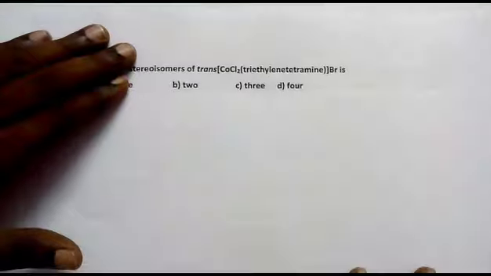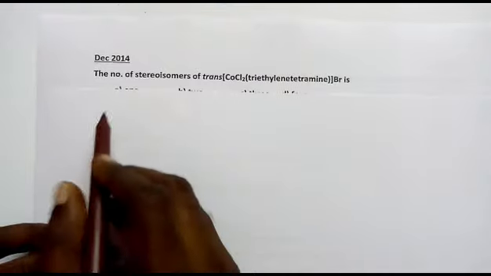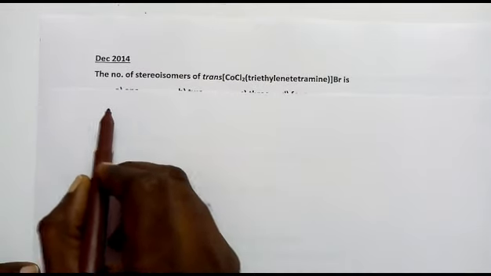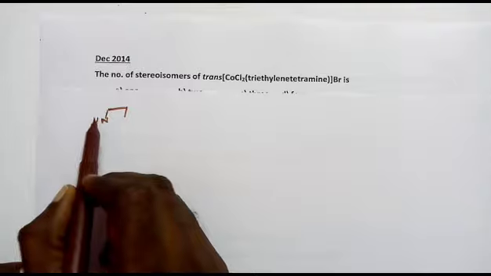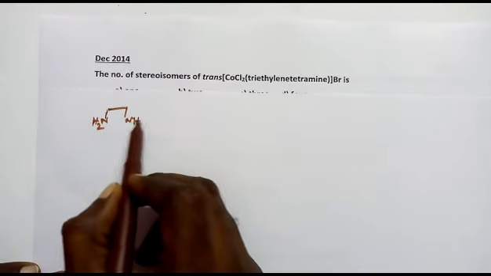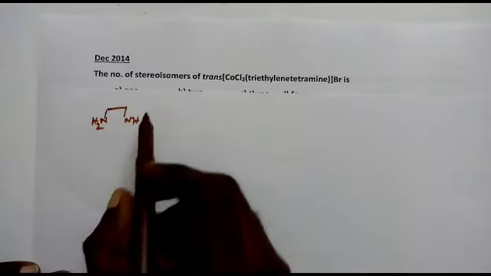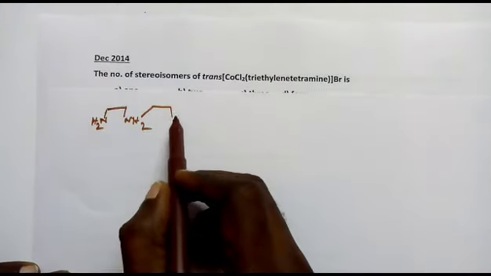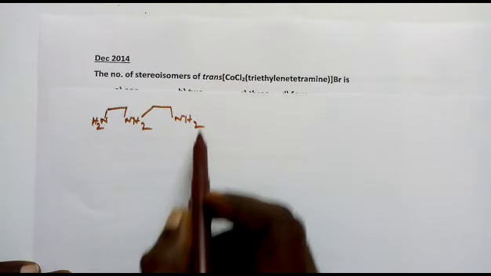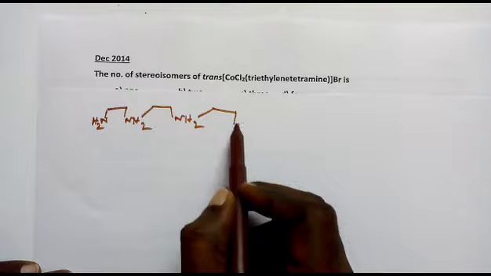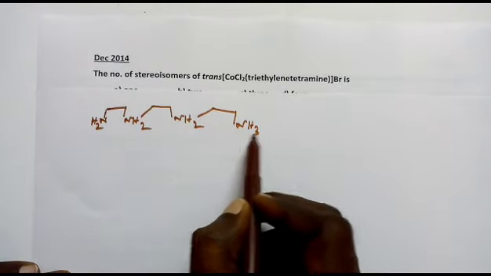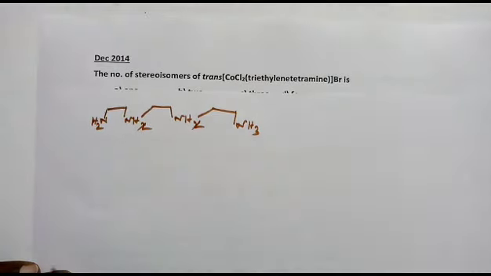Triethylene tetramine. This is ethylene diamine. Triethylene tetramine means there's one more ethylene diamine and there is another ethylene diamine. So 3 ethylene diamines are fused together.